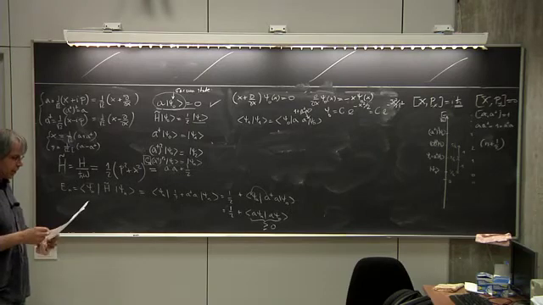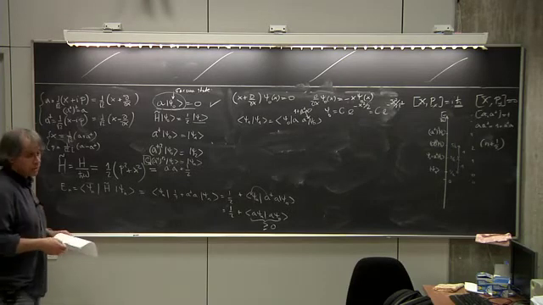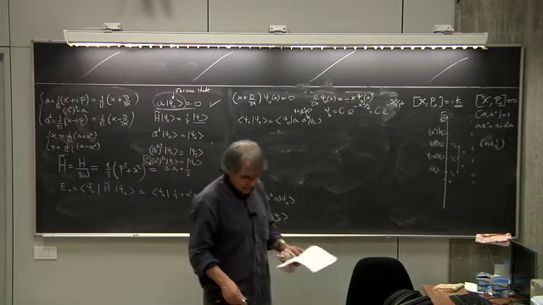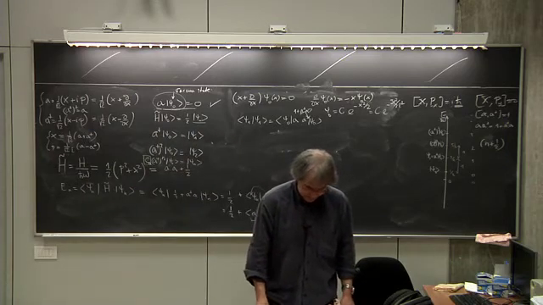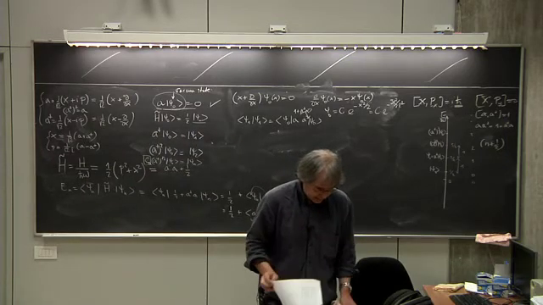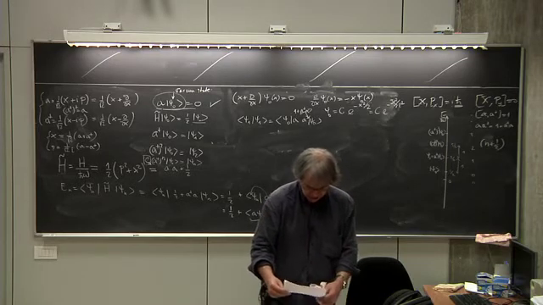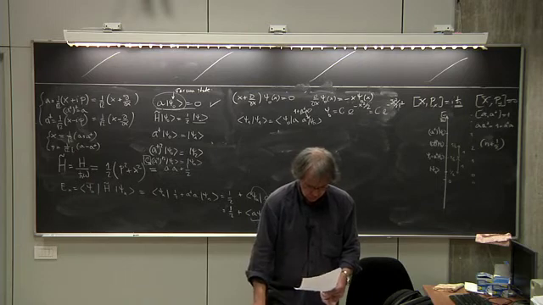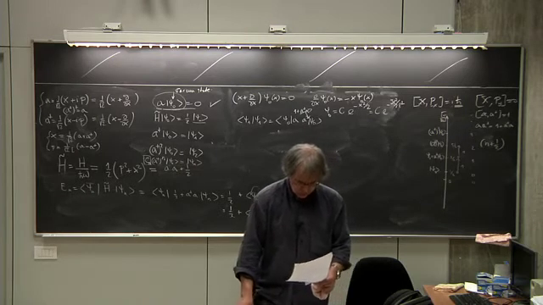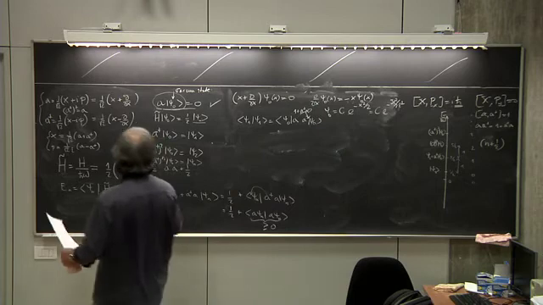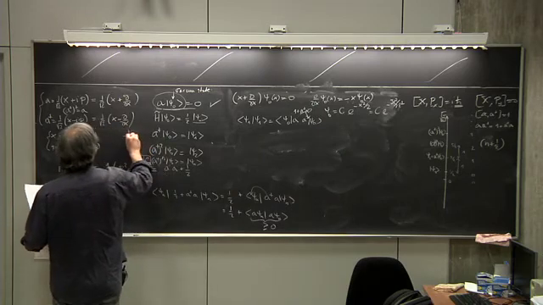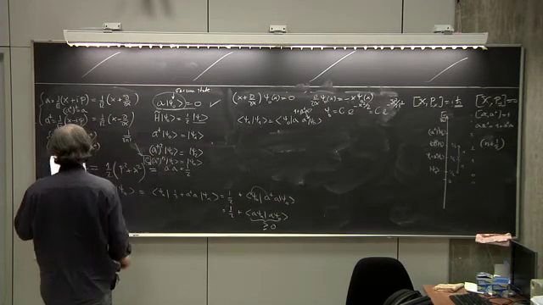There is, I find, quite entertaining algebra that solves this problem. So let me just mention to you the solution in this case: Cn is 1 over the square root of n factorial.